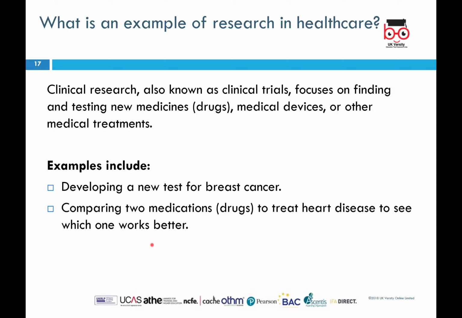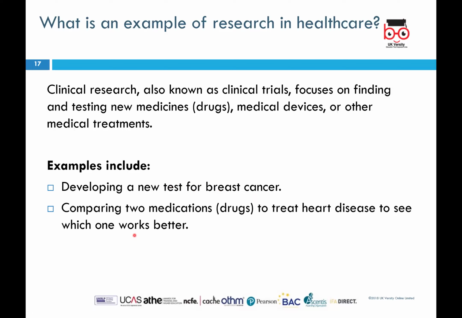Now, please be aware that there is a lot of ethics concerned with these research topics. One ethics concern could be that you're trying a new test for breast cancer. How do you know that you would be able to treat these people, but you're not treating the other lot?